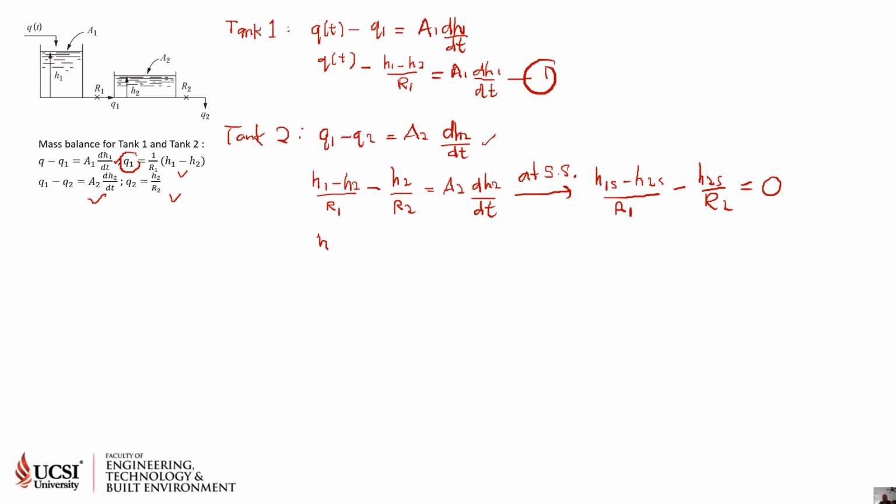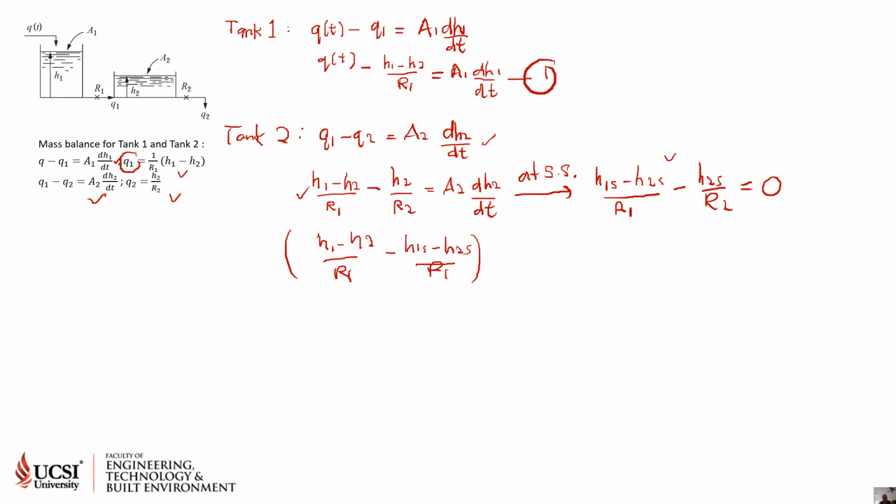It becomes H1 minus H2 over R1 minus H1s minus H2s over R1, deducting the steady state equation from this equation.